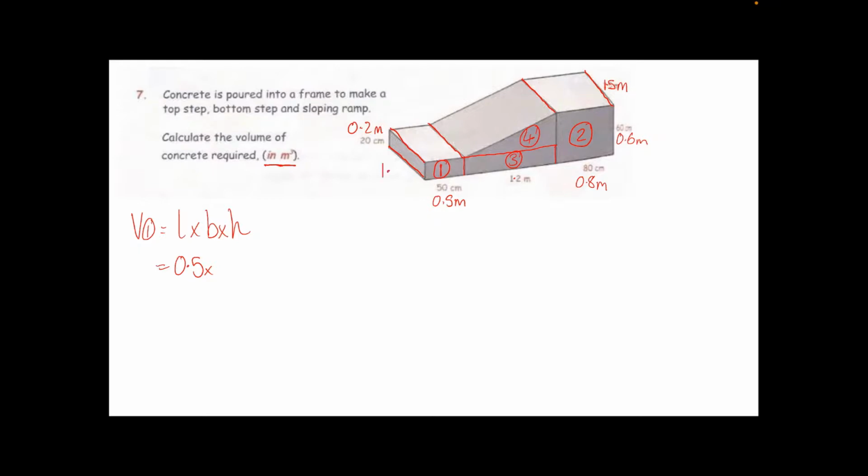So that means that this bit here is also 1.5 meters. So we're going to do it times 1.5 and then lastly times by 0.2 for the height of cuboid number 1. So 0.5 times 1.5 times 0.2 is going to give us 0.15 meters cubed.